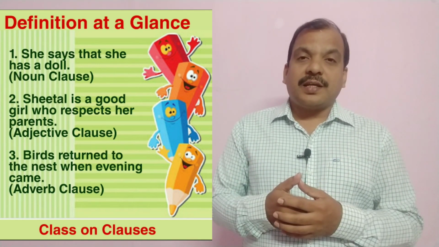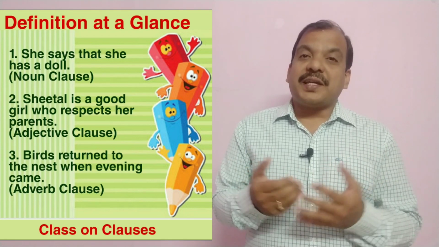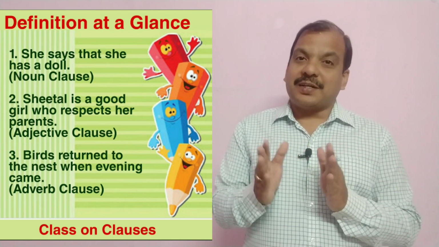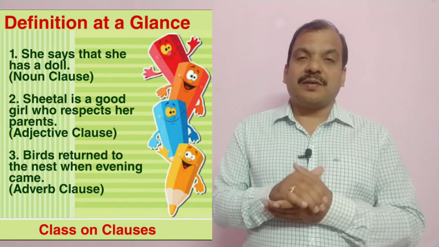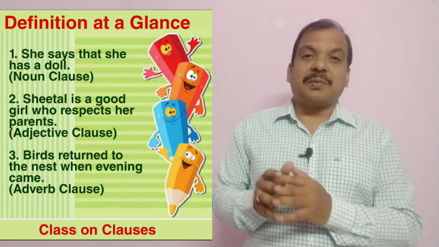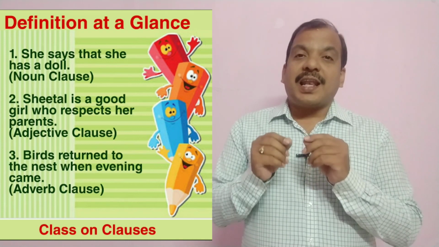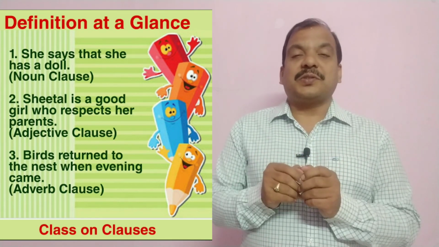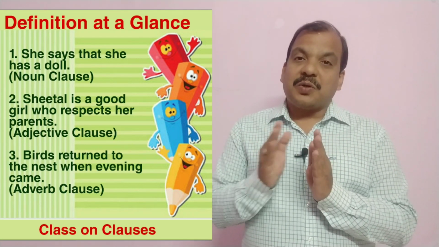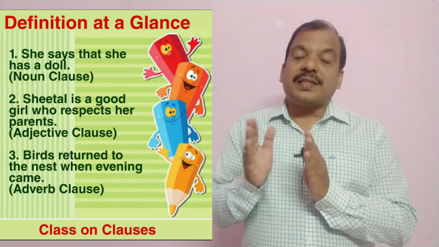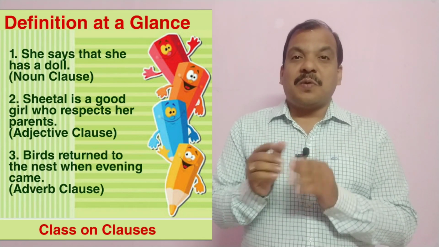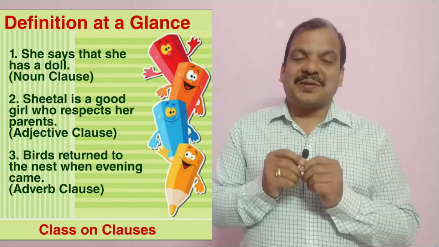Birds returned to the nest when evening came. Birds returned to their nest, again principal clause or main clause, and the subordinate clause when evening came is an adverb clause, because the entire part when evening came qualifies, modifies the verb.